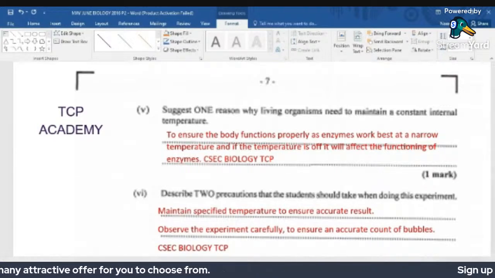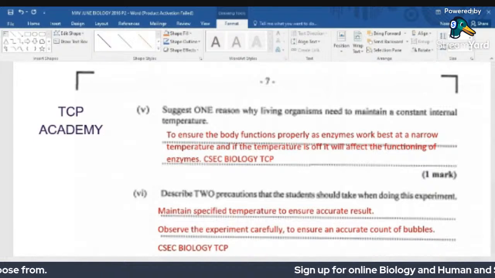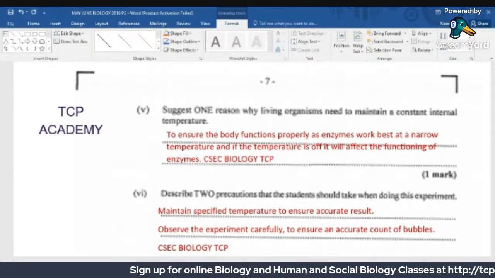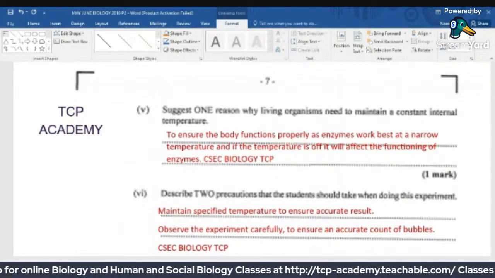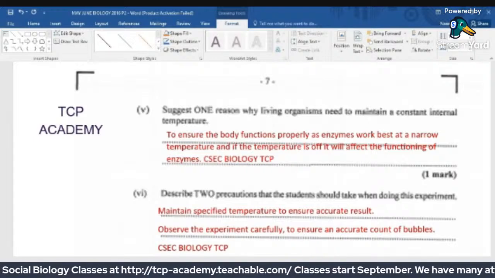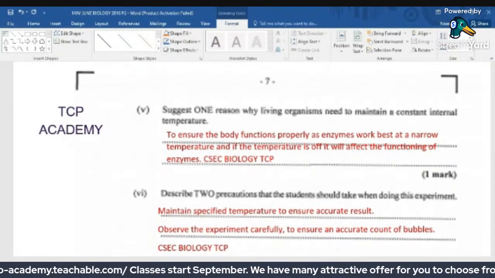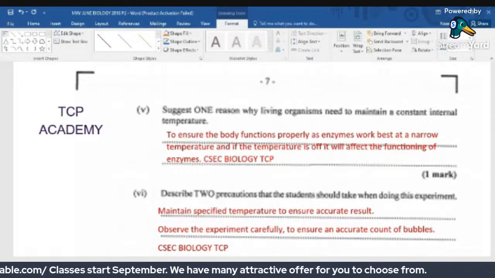Now we want to maintain that specific temperature to ensure that there is, of course, accurate results. So that's a precaution. You want to ensure that what you're doing is right so that the result can be right. And we want to, of course, observe the experiment carefully to ensure an accurate count of the bubbles, or else we're not going to have a good curve.